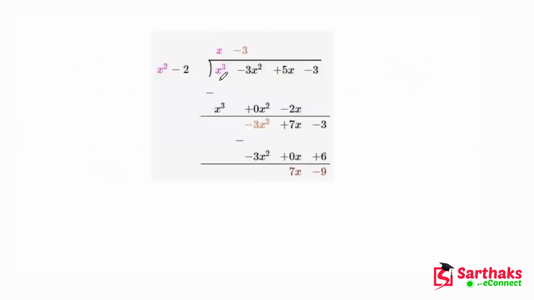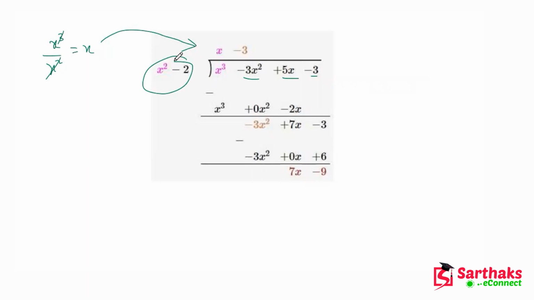So we have x cube minus 3x square plus 5x minus 3, and the divisor is x square minus 2. First work is to divide the first term of the dividend, x cube, by the first term of the divisor, x square, and we get x. So this x goes in the quotient part.